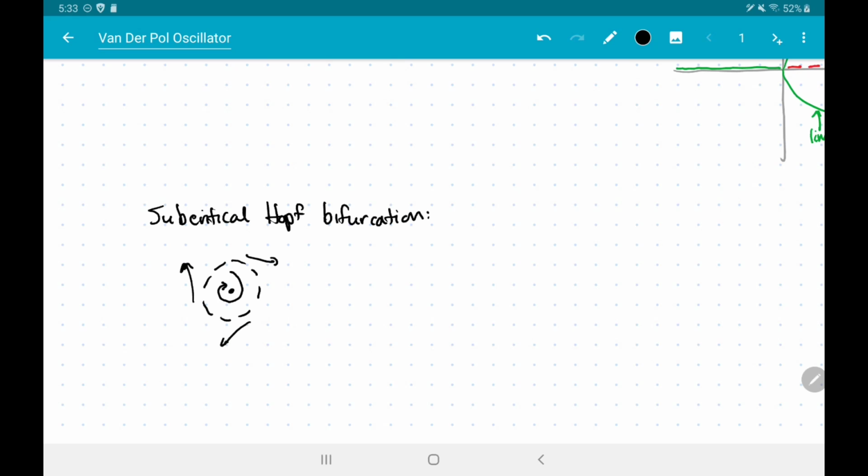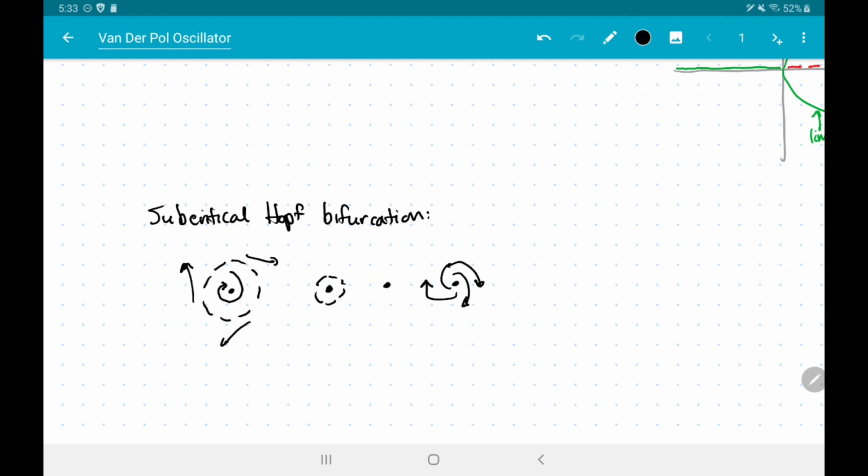And you start from there. As you change a parameter, the limit cycle shrinks until it finally hits the fixed point and vanishes, leaving an unstable spiral with no limit cycle at all. So that's a subcritical Hopf bifurcation. It can also run the other direction. That just depends on basically the sign of the parameter that you're working with.